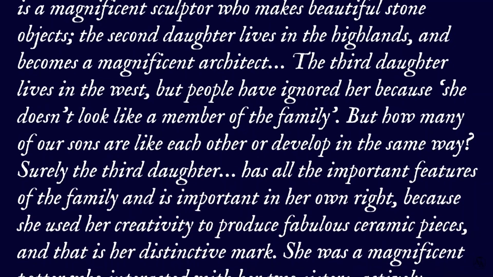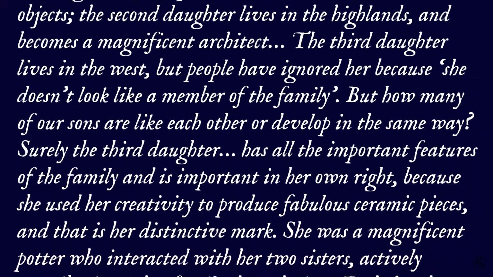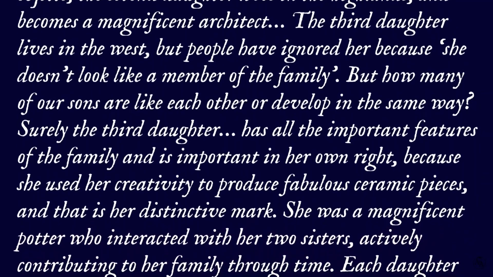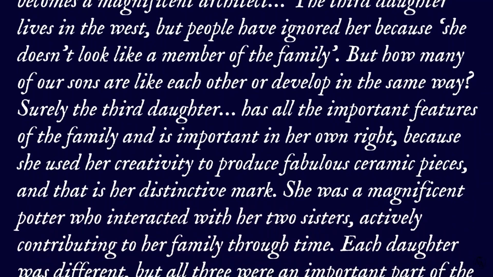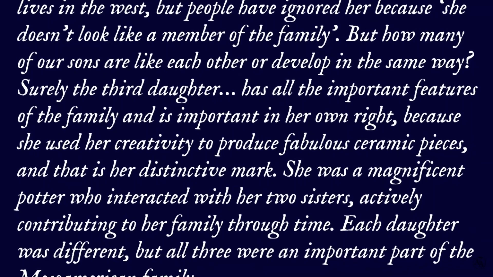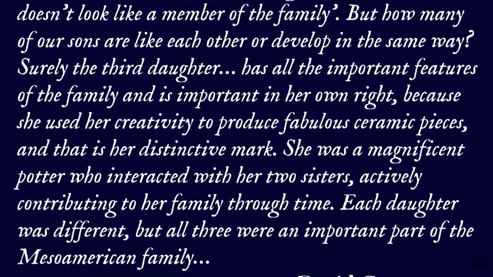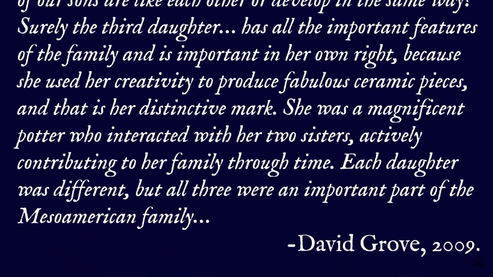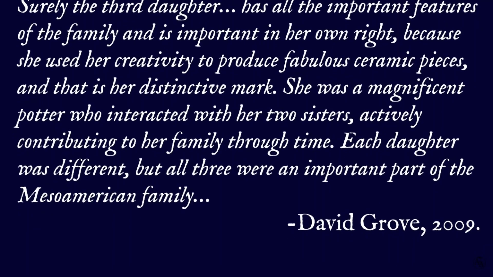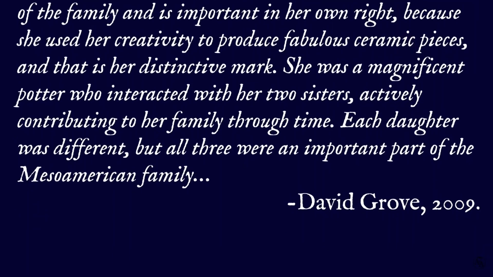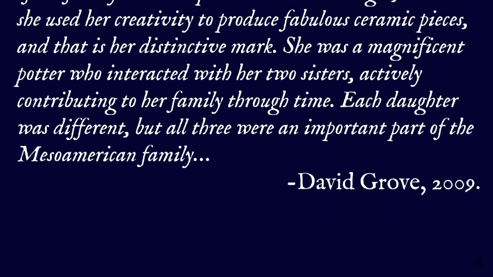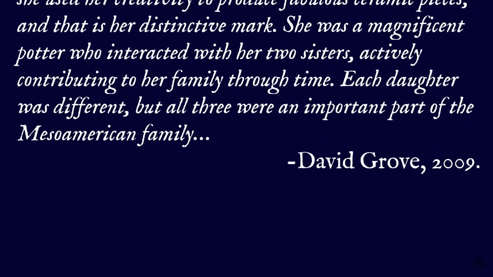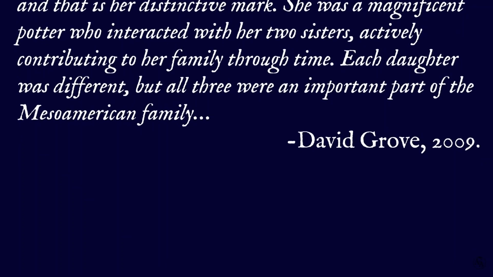Surely the third daughter has all the important features of the family and is important in her own right because she used her creativity to produce fabulous ceramic pieces, and that is her distinctive mark. She was a magnificent potter who interacted with her 2 sisters, actively contributing to her family through time. Each daughter was different, but all 3 were an important part of the Mesoamerican family.